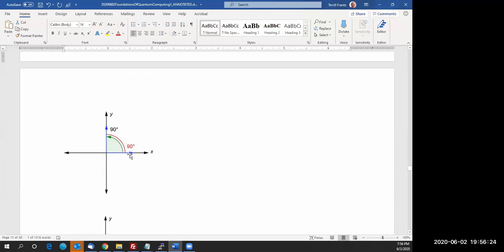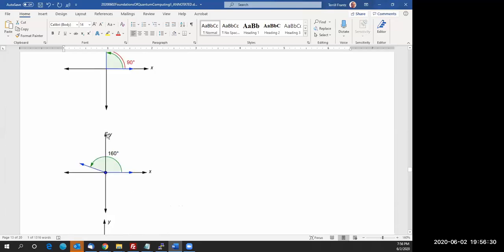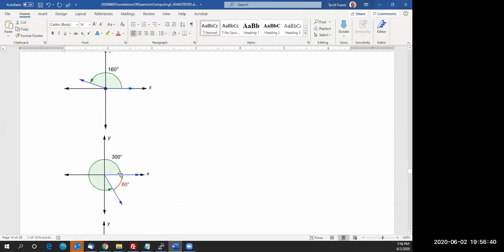So as a reminder, you've got angles here, 90 degrees. If you go beyond 90, you go up to 160. This is 180 here. You typically go in this direction. So 300 degrees in this direction is essentially the same as minus 60 degrees.